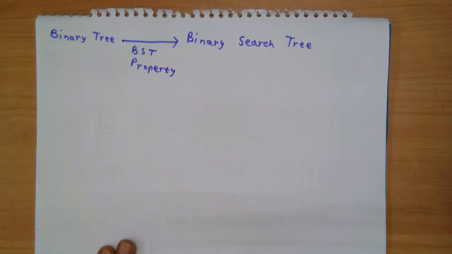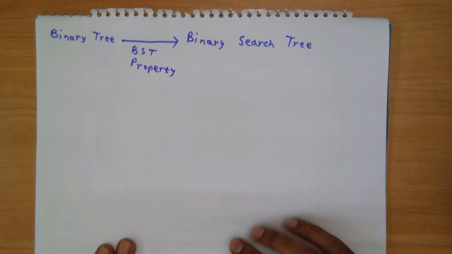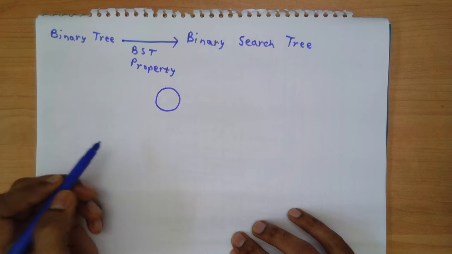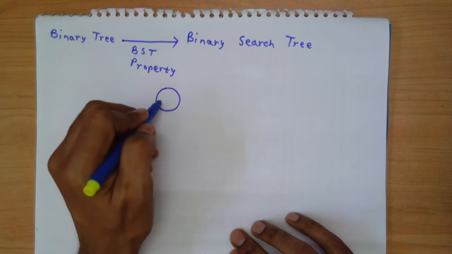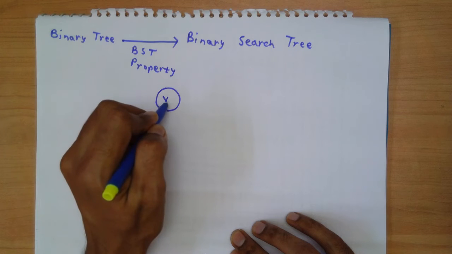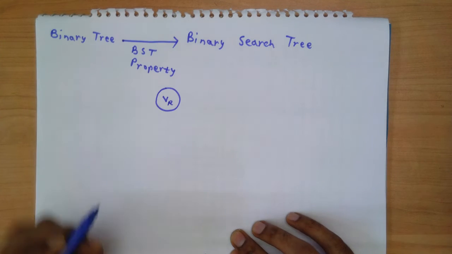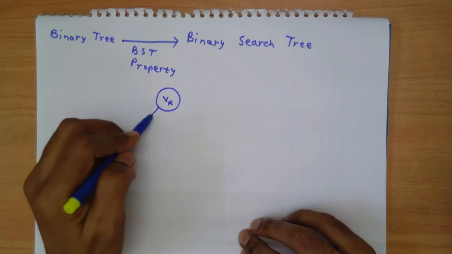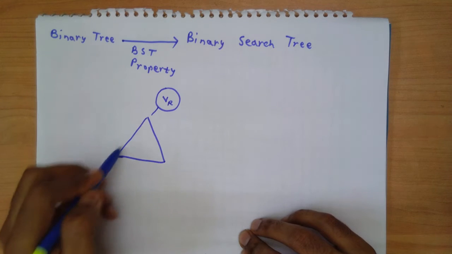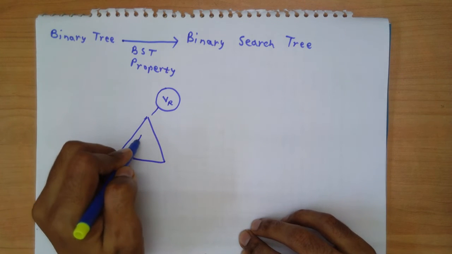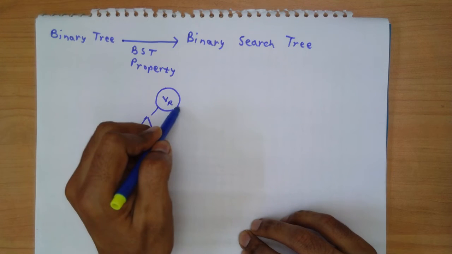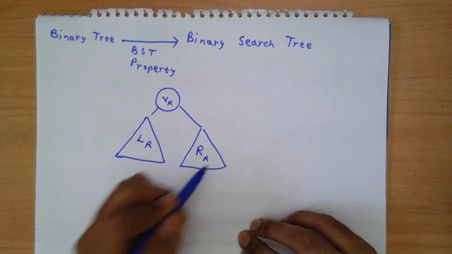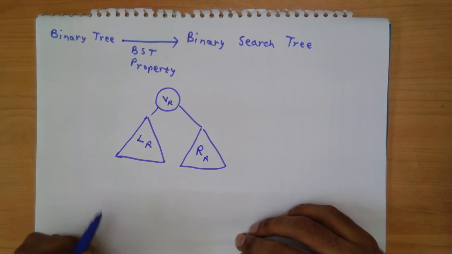So if I look at any particular node in my tree, let's say I'm talking about the root, and the value contained in the root is v r. We are saying that the values present in the left subtree of my root, and the set of values present in the right subtree of my root, should have some relation with this value.